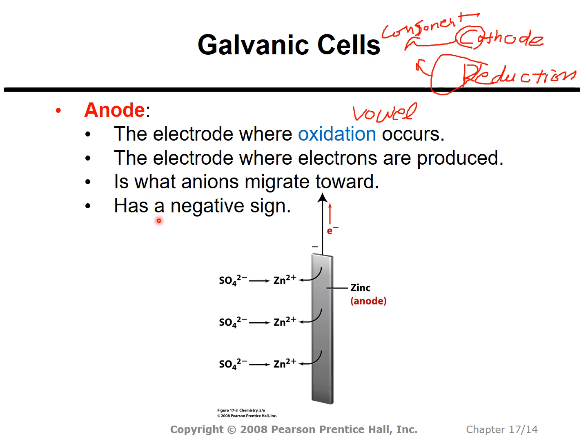In galvanic cells, the anode has a negative sign because electrons are produced, so this is negative. But the anode is not always negative. Actually, in electrolytic cells, the anode has a positive sign. So don't always match the anode with negative; it depends on the situation. But the anode is always for oxidation.